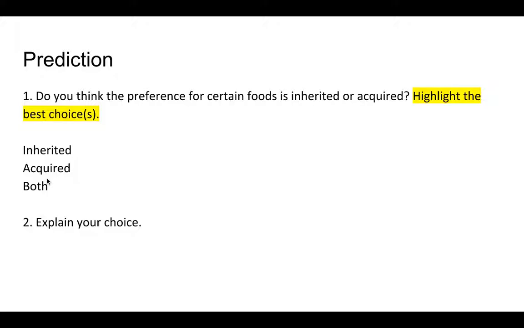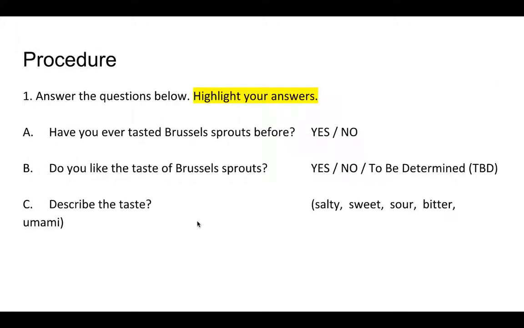Or you can conclude that it's both inherited and acquired, because maybe you didn't like some of the foods your parents ate at first, but after time you did start to like those. So maybe it's both. And then, of course, in your assignment, you're going to explain your choice.